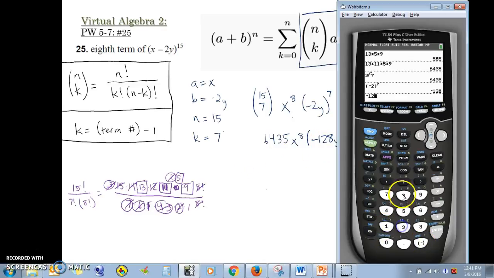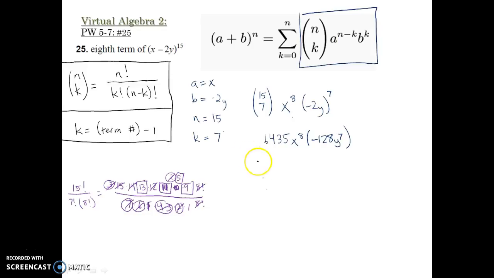Negative 128 times 6,435 is negative 823,680. So the 8th term of x minus 2y to the 15th is negative 823,680 x to the 8th y to the 7th.